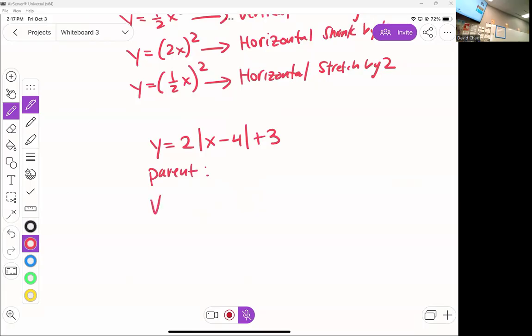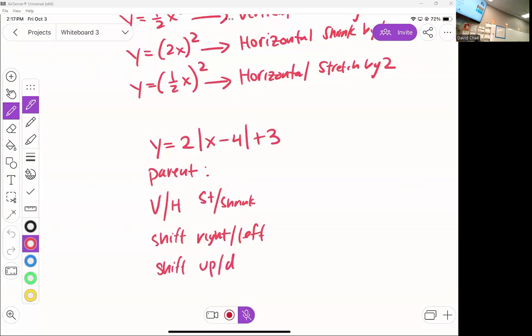Give me the vertical or horizontal stretch or shrink. Give me the shift right or left. And give me the shift up and down. Why don't you try that right now?